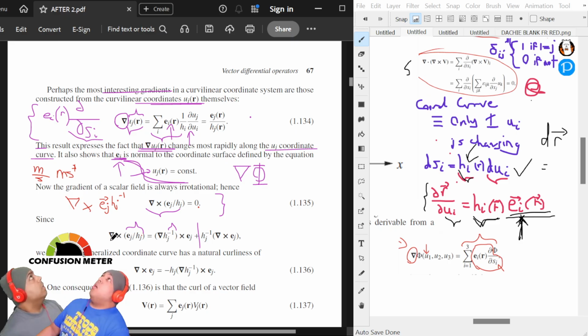So apparently when you have the curl of a product, it's some kind of weird product rule where it splits into two curls. The gradient acts on HJ, and then that is crossed into EJ.